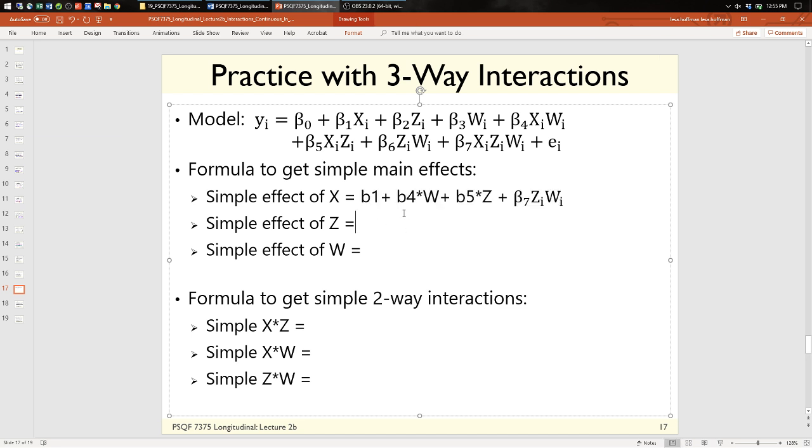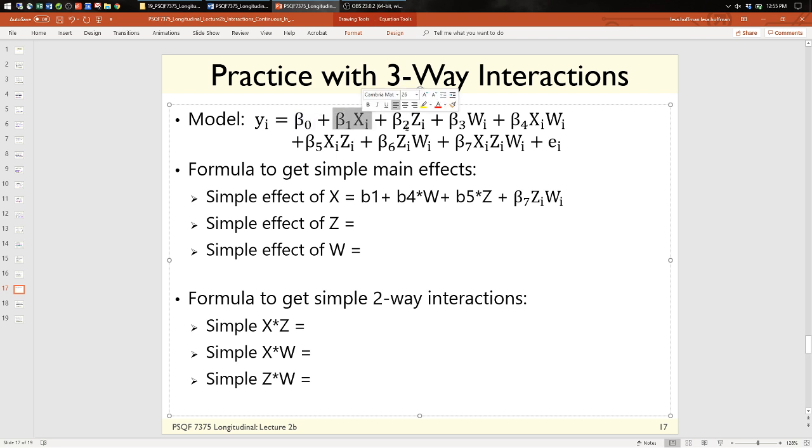So let's practice this one again. How do I get the model to tell me what the slope for z should be for any combination of its other variables? Let's go through my list. Do I need beta 0?